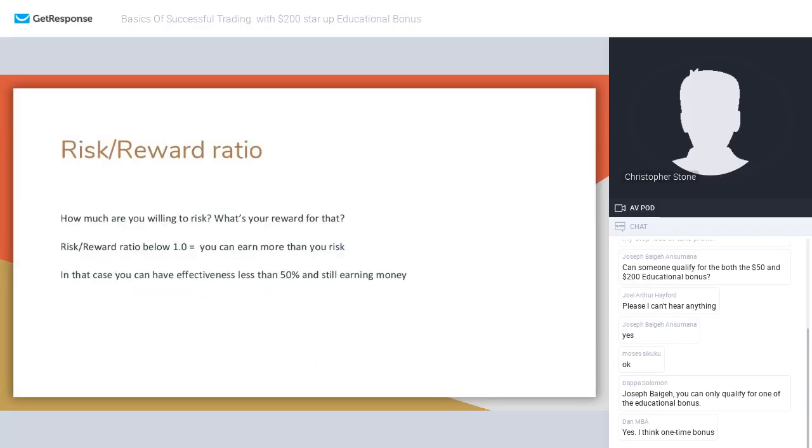Okay, so a risk reward ratio below 1 means that I can earn more than I risk. In the case that I showed you, the risk reward ratio was above 1.0 because I am risking more than I am willing to gain.